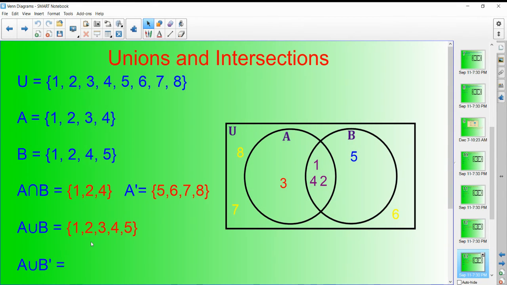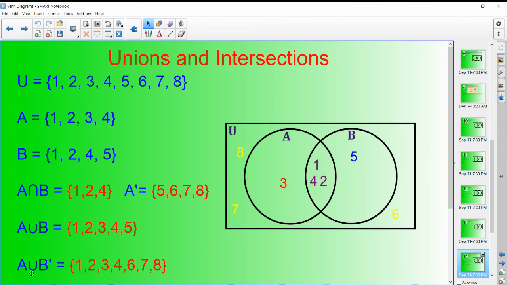And then A or not B is very interesting because it could be in this A circle, or it could also be outside of B. So as long as it's in the A circle or it's not in the B circle, as long as it fits one of those, we count it. So 1, 2, 3, 4 are in A, and then 6, 7, 8 are in not B. So as long as it fits one of the rules, we count it.